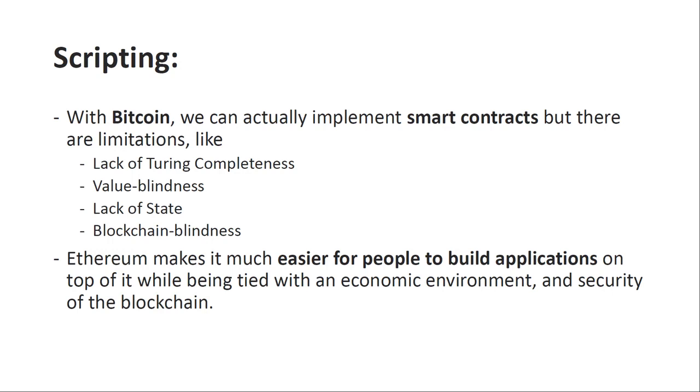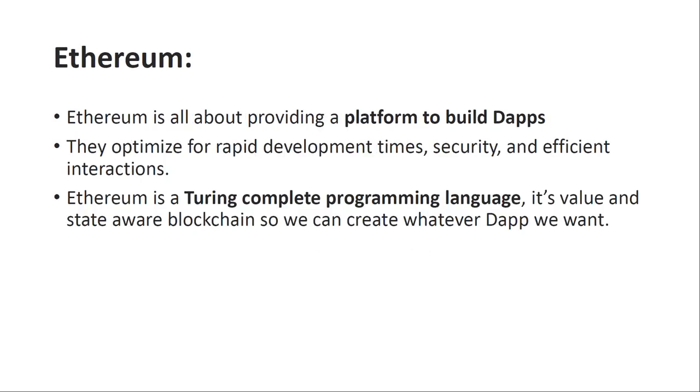So here comes Ethereum, and Ethereum makes it easier for people to build applications on top of it, while it's tied with an economic environment and security of the blockchain. Ethereum is all about providing a platform to build dApps.